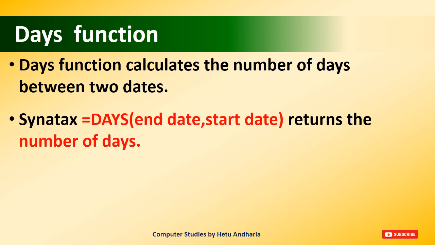And if you store this function in such a way that inside you use the date as TODAY, then every day as the birthday is coming closer, this value will also change. So the syntax is equal to DAYS, bracket, end date comma start date. It will return the number of days.